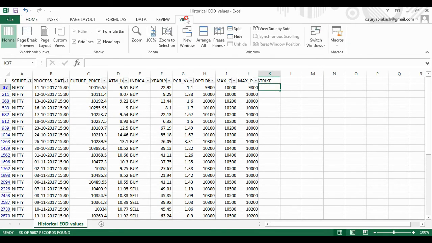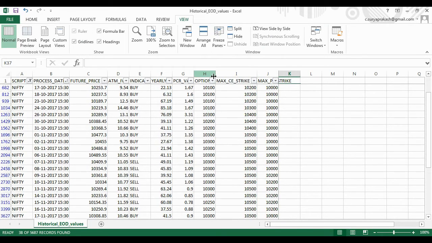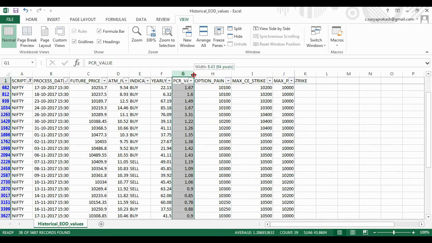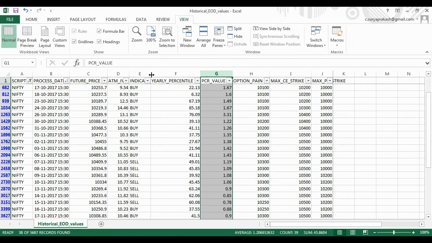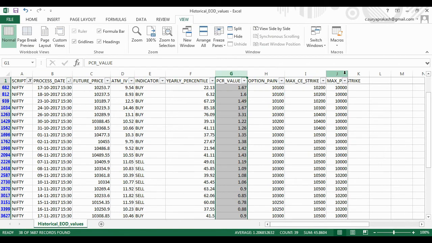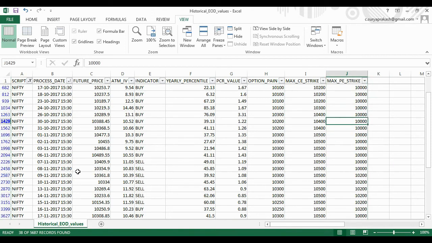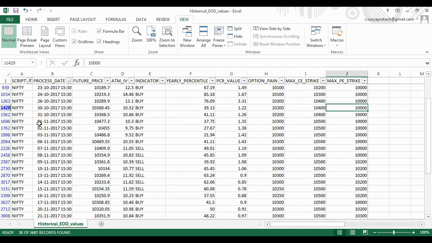Let me freeze some of the panels. Here let me expand it. Indicator. Okay, so for the month of November, it actually started from here. The option pain started at 10,300.